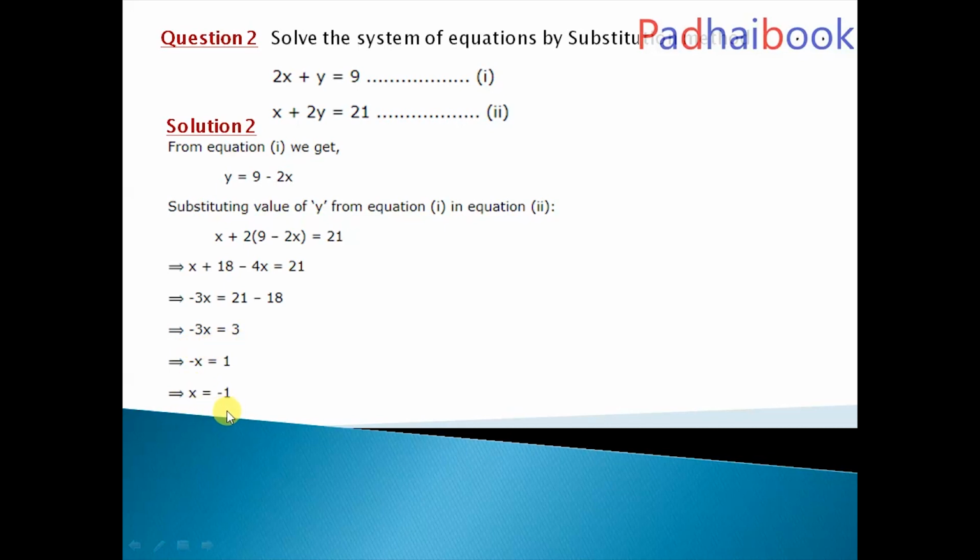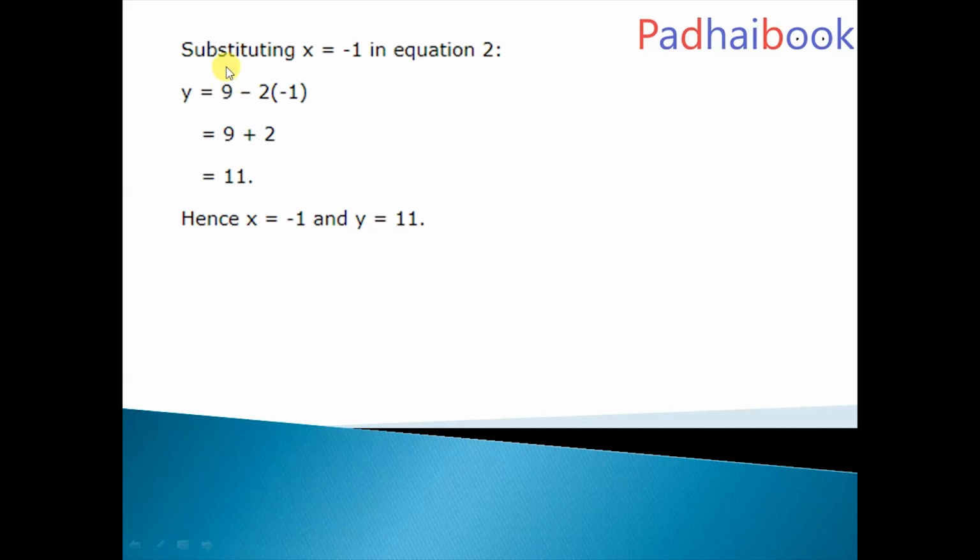So here we have got the value of one of the variables. Now I will put x is equal to minus 1 in the previous equation. Substituting x is equal to minus 1, that equation was y is equal to 9 minus 2x. So here the value of x is minus 1, so that gives me 9 plus 2, which is 11. Hence my final solution is x is equal to minus 1 and y is equal to 11.